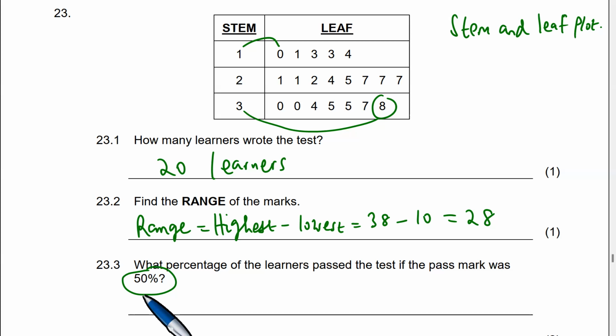So the test was out of 50. We're asking the question, how many learners passed? It was 20 learners, right? So 1, 2, 3, 4, 5, 6, 7, 8, 9, 10, 11, 12, 13, 14, 15.